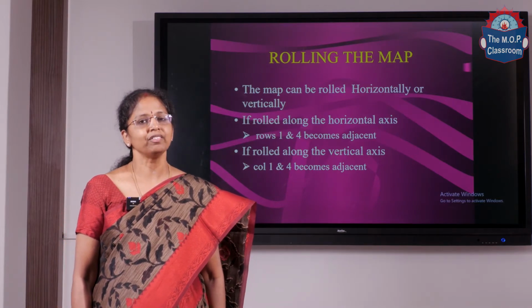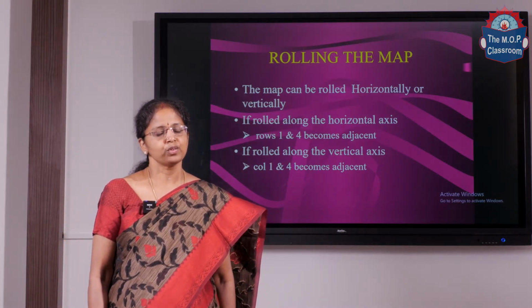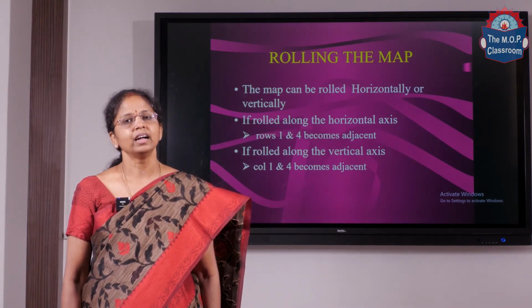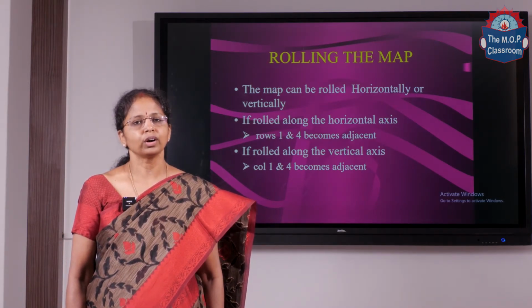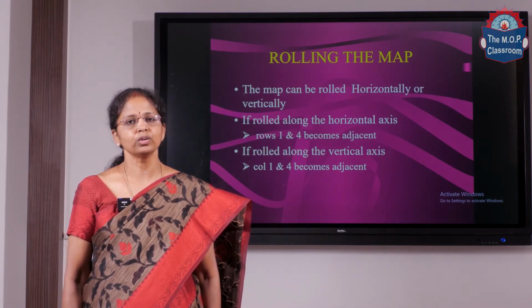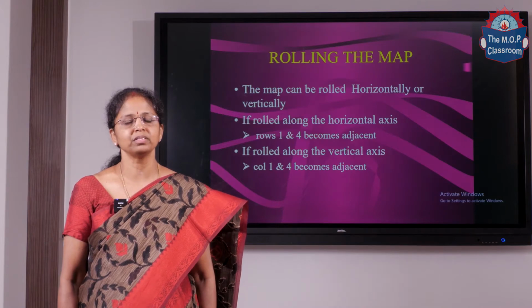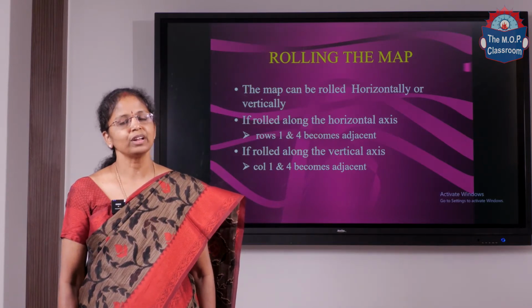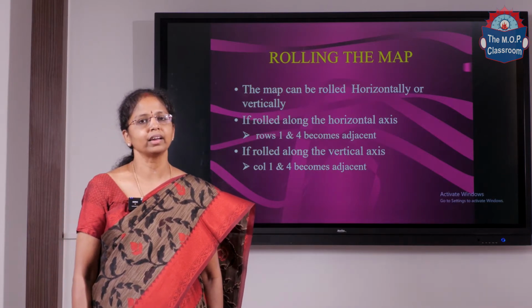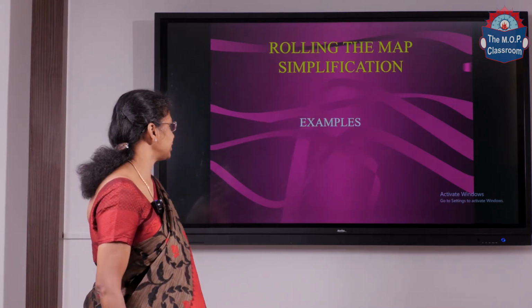Now, what is the effect of such rolling? When we roll the K-map along the horizontal or vertical axis, the rows 1 and 4 or the columns 1 and 4 become adjacent, so the ones in those corner rows and columns can be grouped again. So, let us see an example of how to roll the map and again get a very simplified expression.